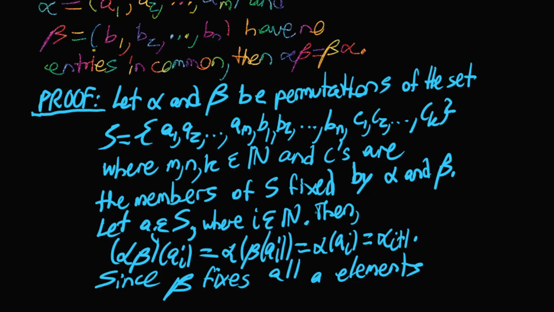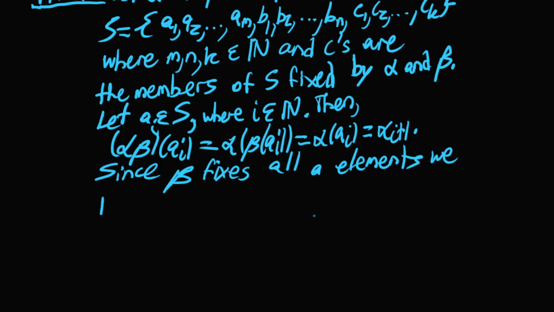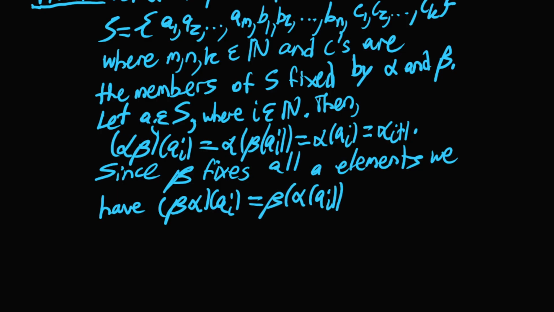We have beta alpha of Ai equals beta of alpha of Ai equals beta of A i plus 1 equals A i plus 1.